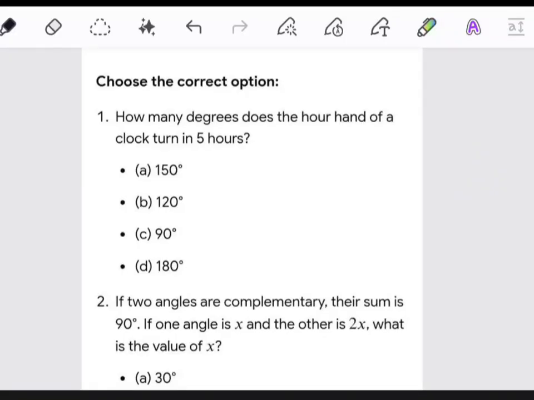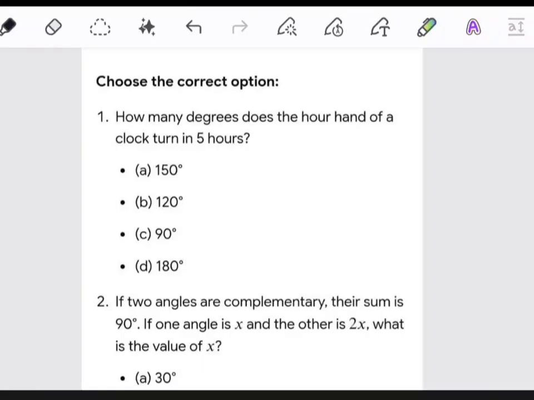Choose the correct option. Question number 1. How many degrees does the hour hand of a clock turn in 5 hours? Options: 150, 120, 90, 180. A clock is a full circle of 360 degrees, representing 12 hours.